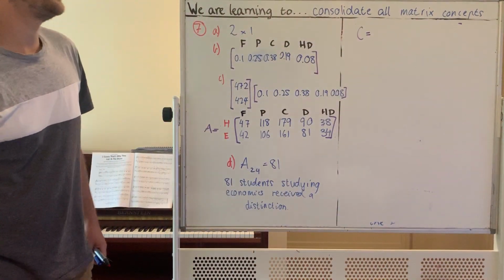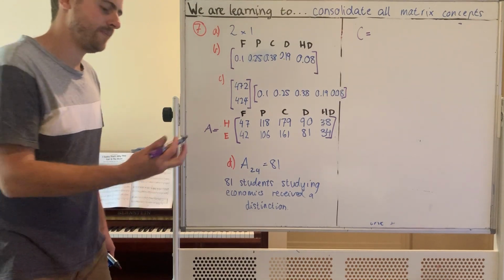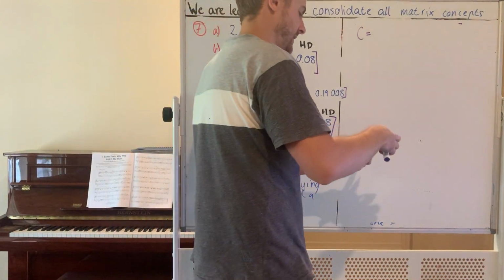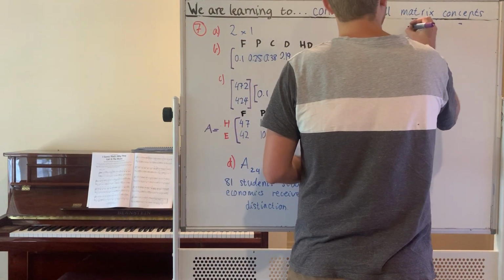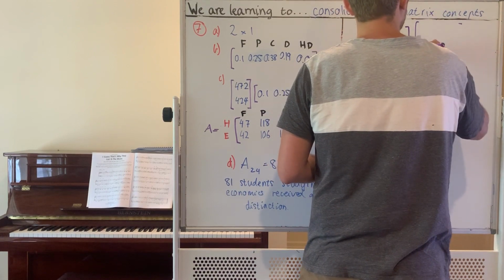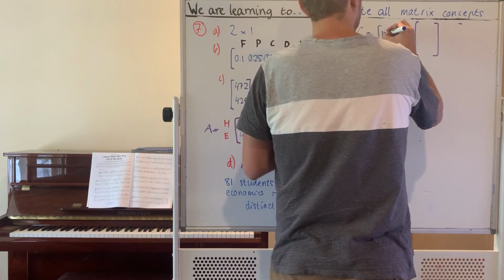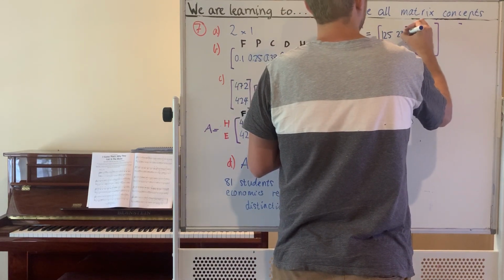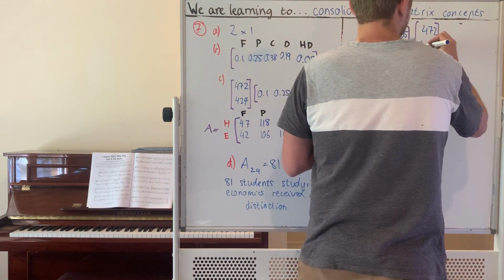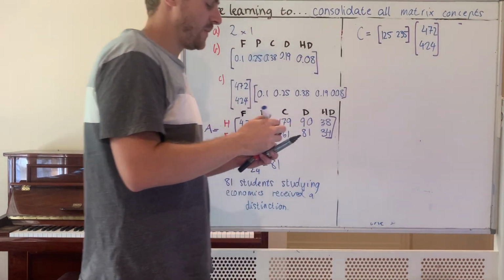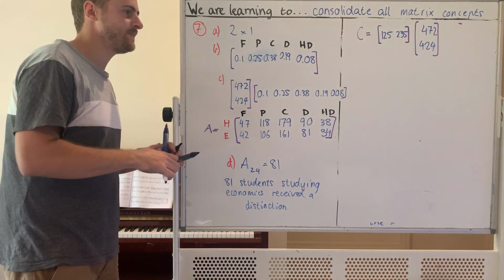All right, so it's going to be the price of the textbooks multiplied by the number of students. The cost of the textbooks are 125 and what was it, 235? And the number of students was 472 and 424. The reason we've done a 1 by 2 and a 2 by 1 is that will give us a 1 by 1 figure.